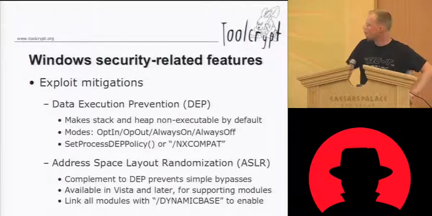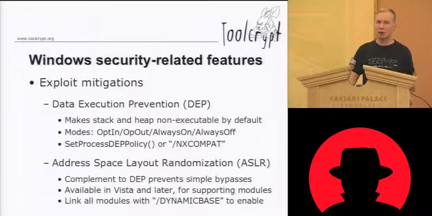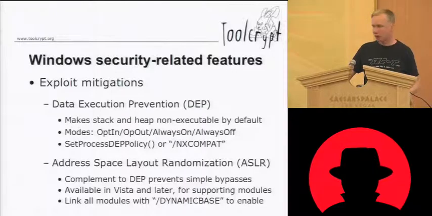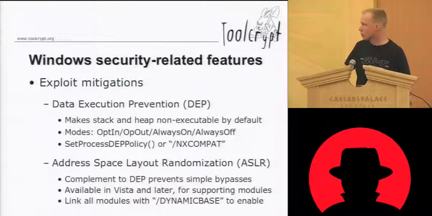The other feature, ASLR, which is new to Vista and later operating systems, complements DEP by making it harder to work around or circumvent DEP. One of the easiest ways of circumventing DEP from the start was using something called a return-to-libc style attack.